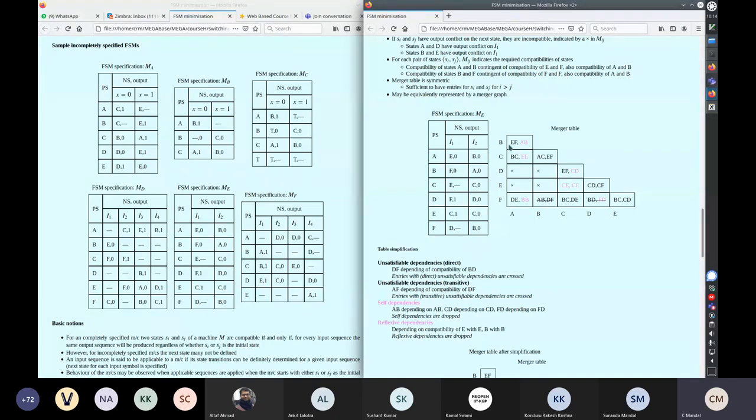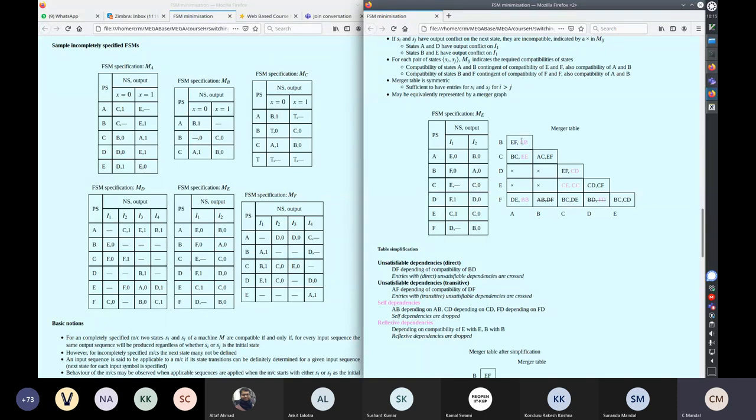Also, if you look at the I2 input, then you need A and B also to be compatible. So for A and B to be compatible, E and F must be compatible and A and B must also be compatible. This is a self requirement, so that's trivial.